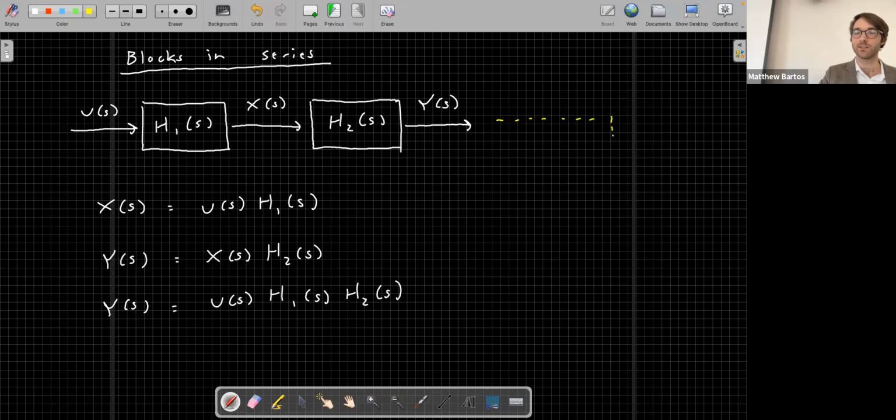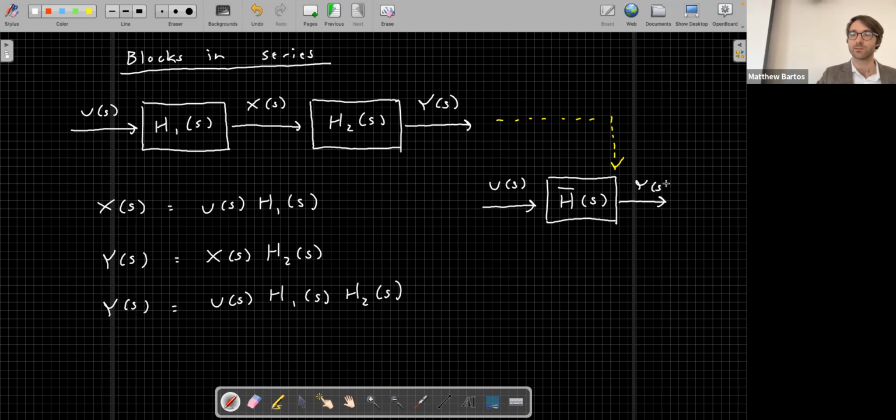We can rewrite this system as our input U of S going into a single block, which I'll call H bar of S, which produces an output Y of S, where H bar of S is equal to H1 of S times H2 of S. So if you have two blocks in series, you can obtain an equivalent block by multiplying those two functions together.